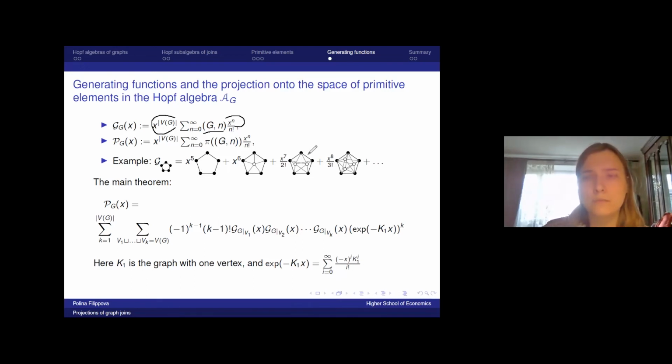Sometimes if we want to work with the generating function for projections, we need to compute the projections for a big number of graphs. But I want to present a theorem which simplifies the process of computing the generating functions for projections of such joins.